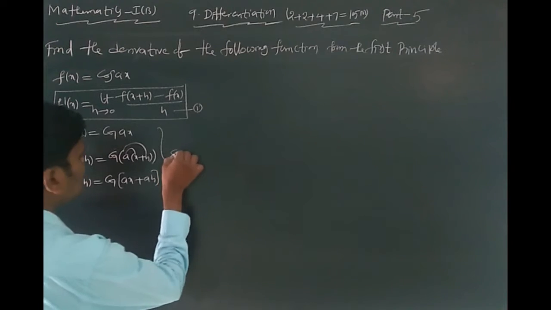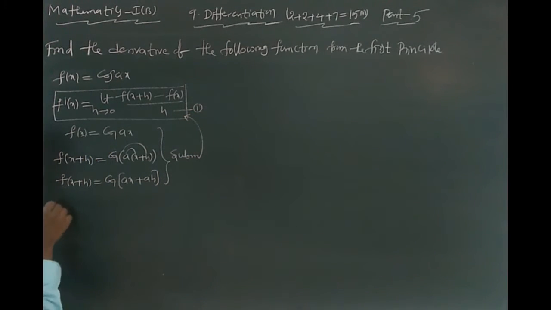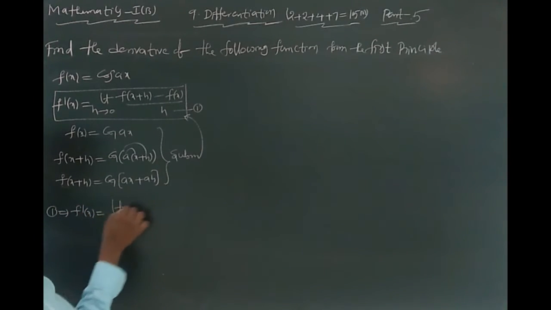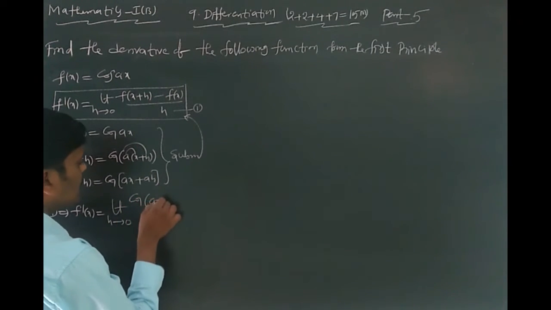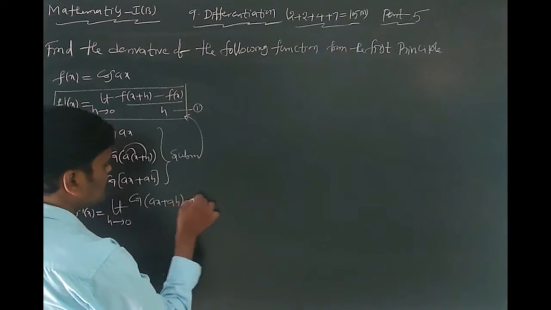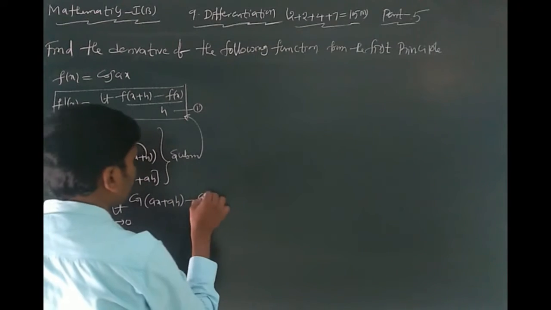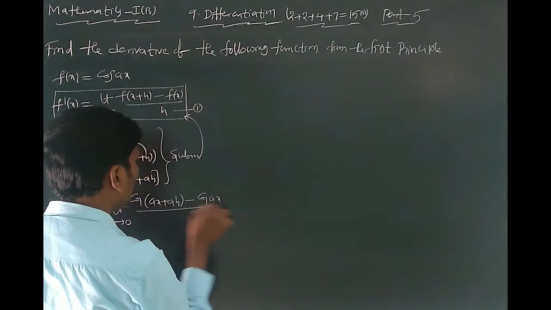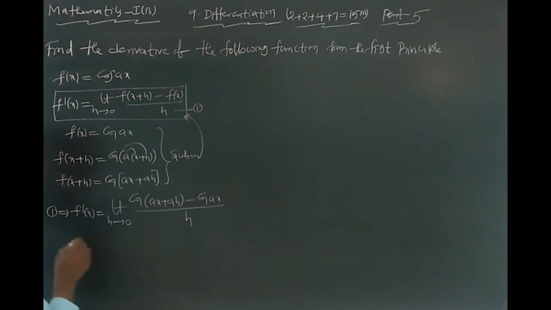These values are substituted in equation 1. Equation 1 implies f dash x is equal to limit h tends to 0, f of x plus h value cos of ax plus ah, minus f of x value cos ax, whole by h. Cos c minus cos d form is there.